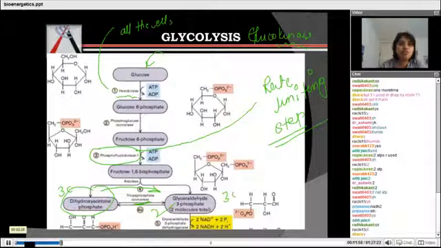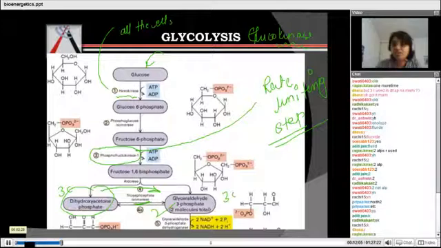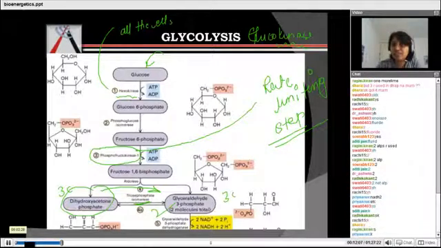But at this point, I want you to make a note of the 3 regulatory steps that we had been talking about. I told you there are a total of 10 steps, out of which there are 3 regulatory steps. The first regulatory step is this one, the hexokinase. The second regulatory step is phosphofructokinase.